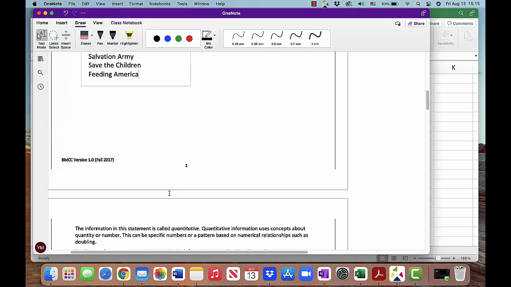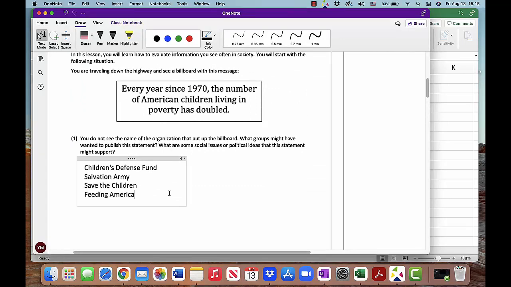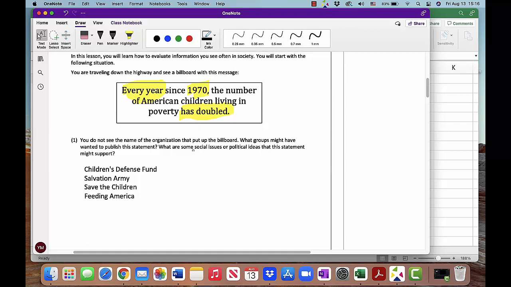Now, looking at this information, if we underline the numerical parts, the quantitative parts, we can see that we're talking about the year 1970. We do see that something is happening every single year. And then you have this mathematical concept of doubling that we'll also be reviewing. Correct? So this is what we're going to address right now.